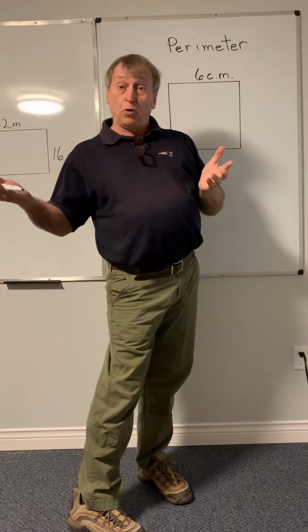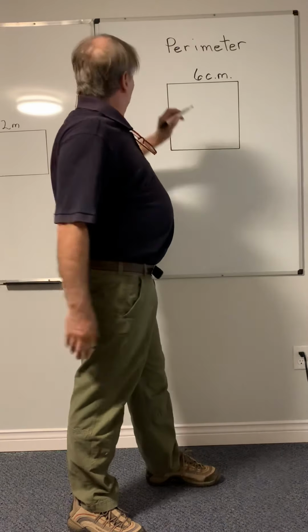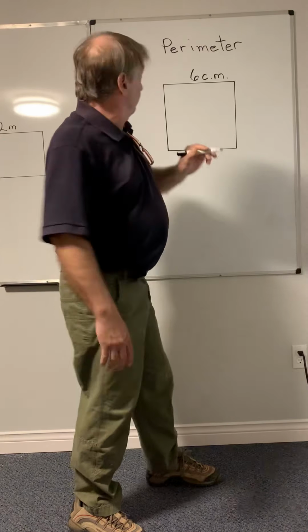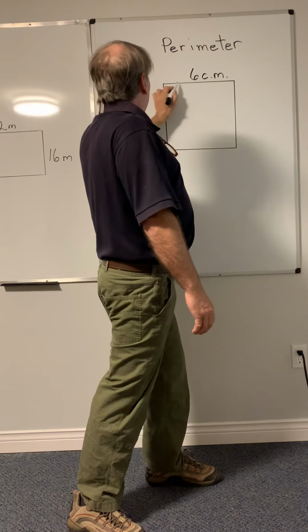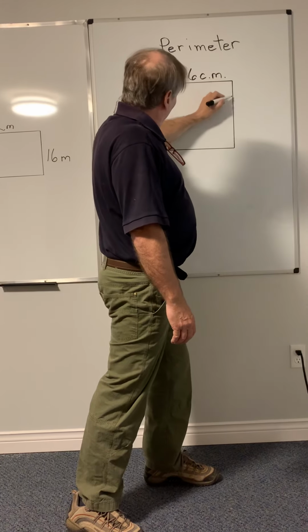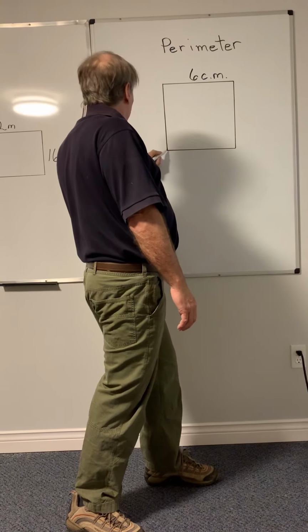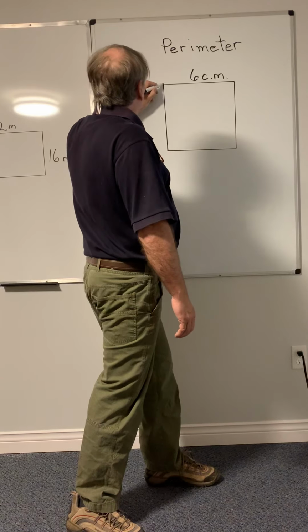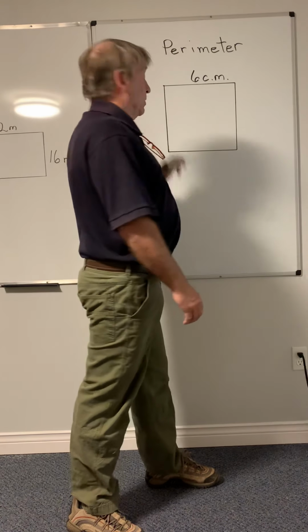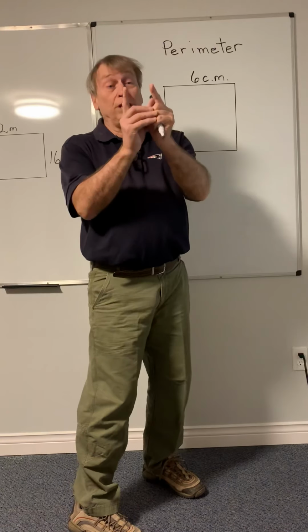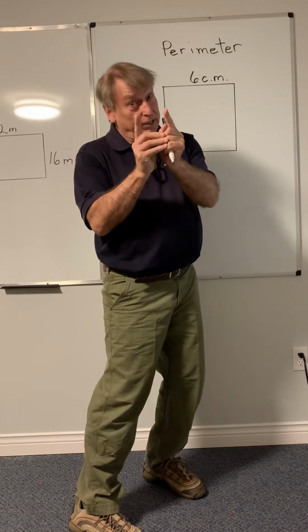So if I was going for a walk and I was doing the perimeter of this square, I would walk the 6 centimeters this way, I would turn, I would walk down 6 centimeters this way, I would go 6 centimeters this way, and I would go 6 centimeters and I would finish right here. But you know what? That's not realistic because 6 centimeters would only be about this long, wouldn't it?